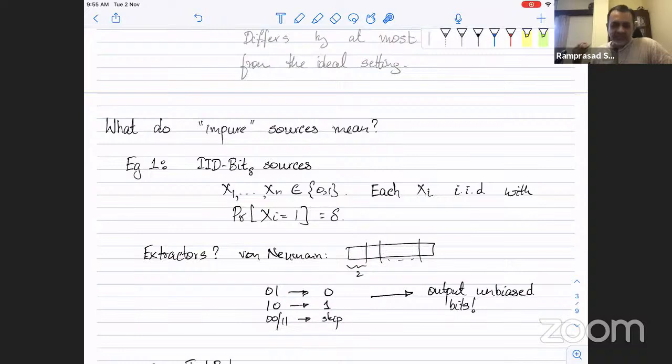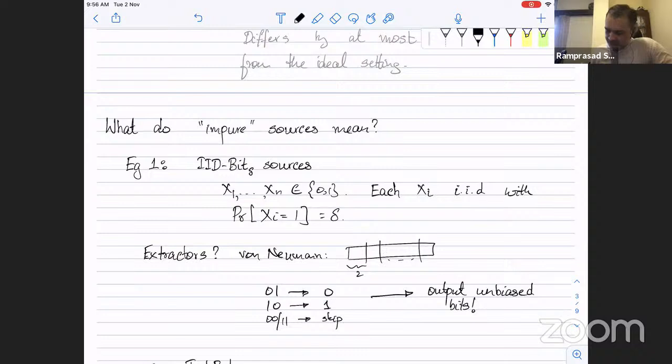Now there's the next question of how many bits will be output on average. Ideally in an extractor, we would like the output length to be a fixed thing. But for now, I just want to get a sense of, if I perform this procedure, how many bits will I output? So what's the chance of us seeing one of these two strings?